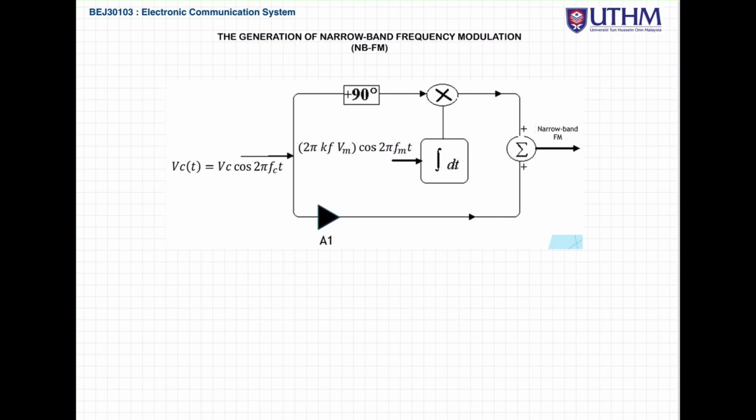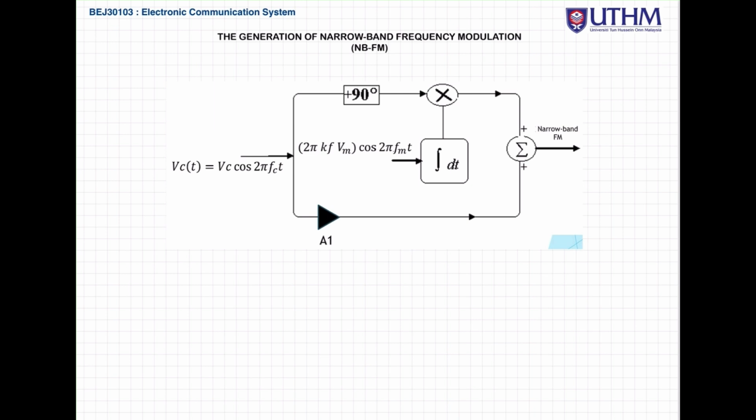In any modulation circuit, we need at least two inputs: the carrier signal here and the modulating signal here. The first process: the unmodulated carrier signal is directed to the phase shifter.